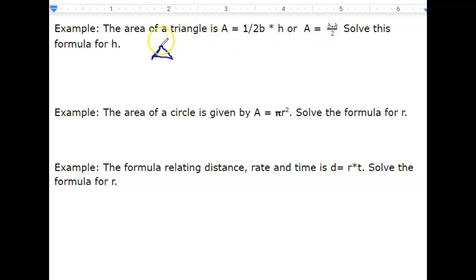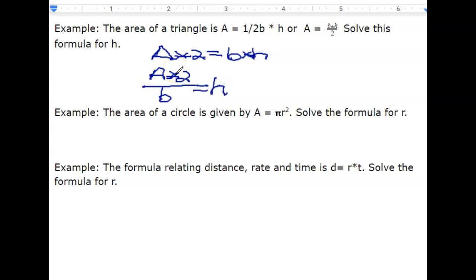So I'm going to multiply area, A, times 2, which leaves me base times height. I'm going to keep this h here, the height, so I'm going to remove the b. Base times height, the opposite is to divide. So it's going to be area times 2, divided by the base, and that's going to give me the height.